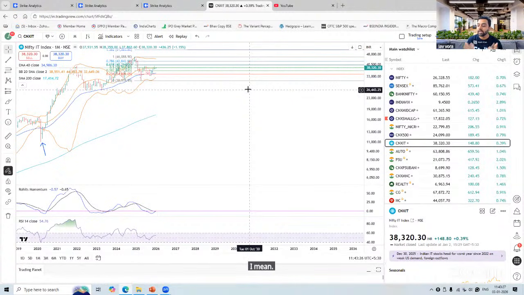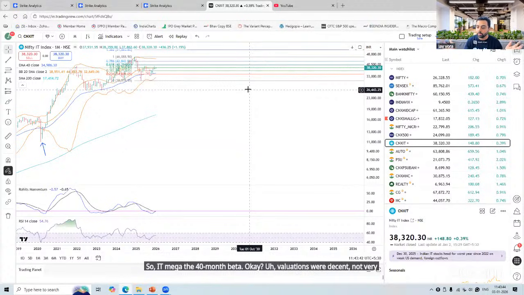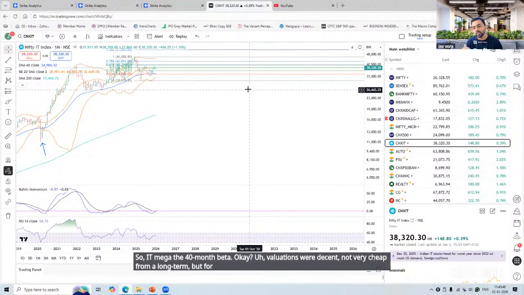And always, negativity around a sector helps you, because then you are standing outside the crowd and thinking rationally. So IT was at a 40 month low. Valuations were decent, not very cheap from a long term view, but for the 3-year 5-year average it was cheap, and there were huge short positions.